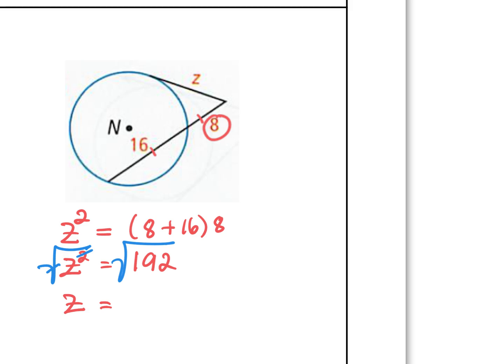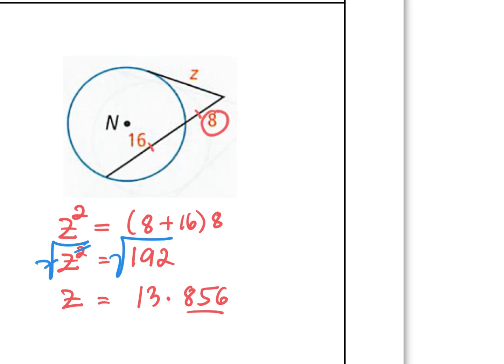The square root of 192 is actually around 13.856. I'm going to get at least 3 decimal places. Now let's check this. If I square this one, I need to get 192.